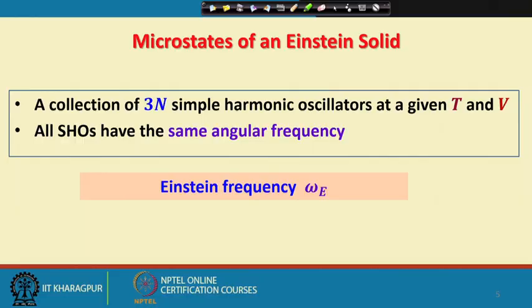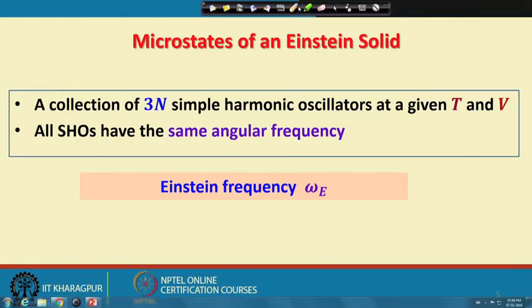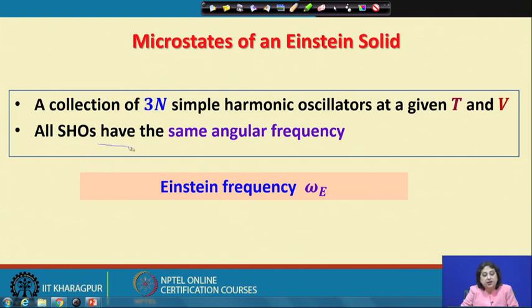So, if we look back at the Einstein model, then we see that there are 2 points that we would like to investigate. First, can I really express the complex vibrational frequencies of a solid as a collection of 3n independent simple harmonic oscillators? And even if we can, there is a more serious second point: can I really assume that all these simple harmonic oscillators will have the same angular frequency?